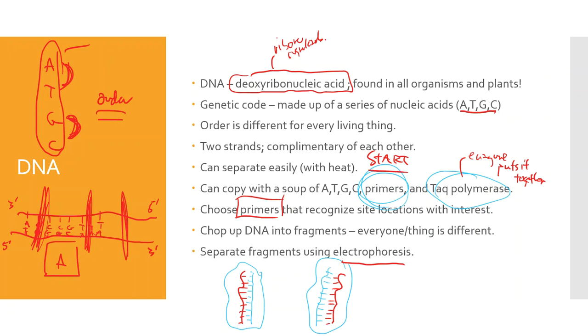And over time, those pieces or those copies will get copied more and more and more and more. So it is a way that I can take this big old huge piece of DNA and really only focus in on certain areas, briefer areas, shorter areas, and I don't have to deal with all of the other stuff that really is not going to affect the genetic code that I want to change.